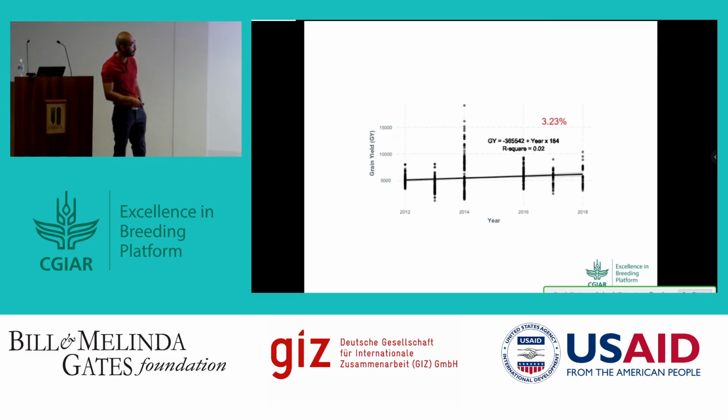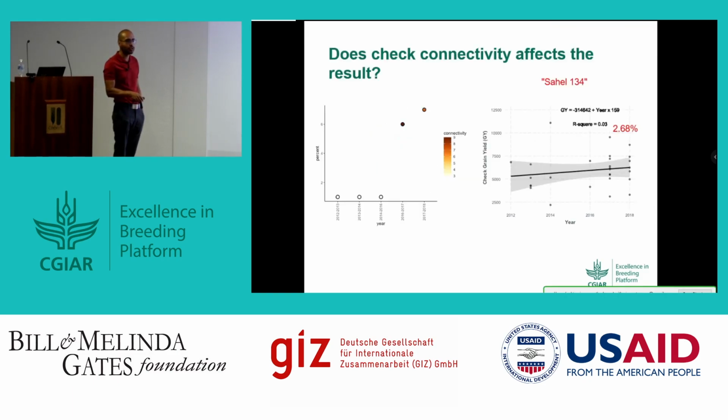And when you looked at the genetic gain they were reporting, it was just too high. But look, how much certainty can you have when you have something like this in a given year, and then you say, I'm making 3.23% genetic gain, but the check is also increasing 2.68% genetic gain.